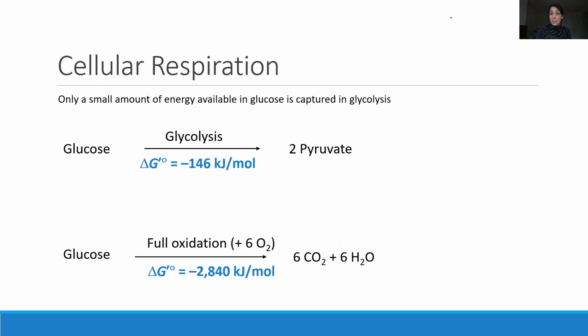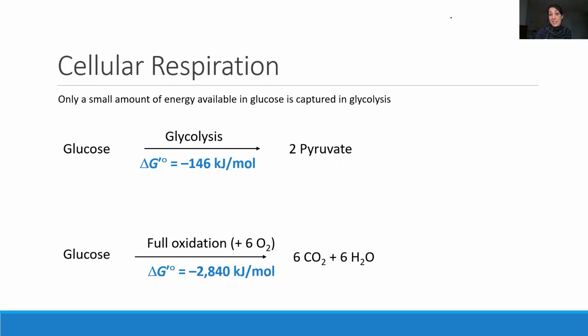Now, cellular respiration, the whole of cellular respiration, is the full oxidation of glucose. It uses 6 oxygen molecules, and it produces 6 CO2 molecules and 6 water molecules. So again, this is the full breakdown of all carbons by oxidation of glucose.